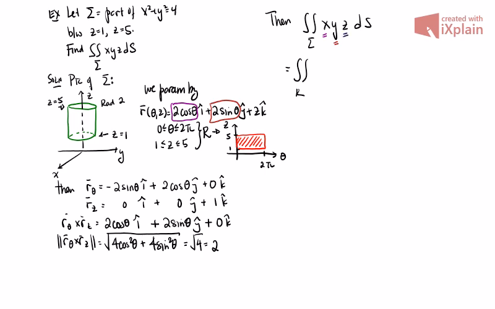And the z gets replaced by the k component here, which is also a z, coincidentally. So what this gives us is 2 cosine theta times 2 sine theta times z, multiplied by this thing we just found, which is the 2. So that 2 is, let's pick a different color. This 2 is this 2. That gets stuck with a dA.